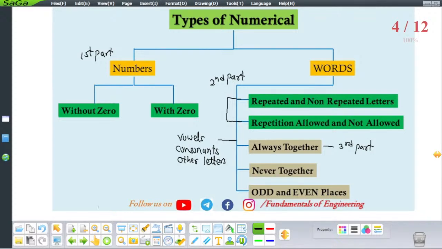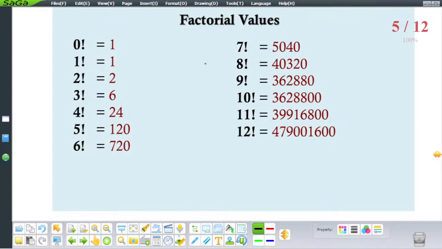Before that, a humble request to all: take a screenshot of these factorial values. In part 1 and part 2 you took the factorial values screenshot. Those who are new in this session can take the screenshot too, because you require these factorial values whenever you are calculating the answer.